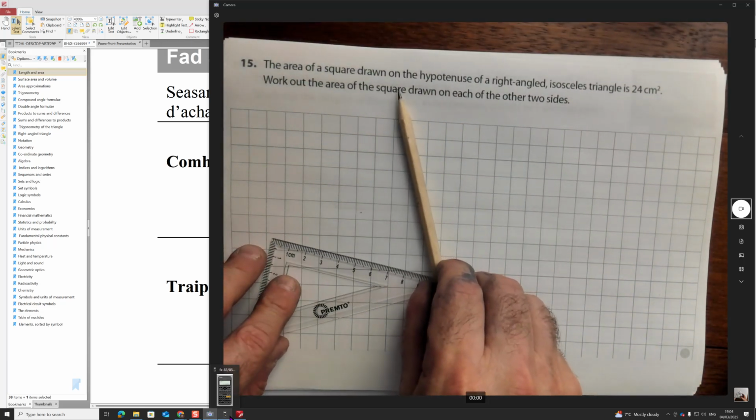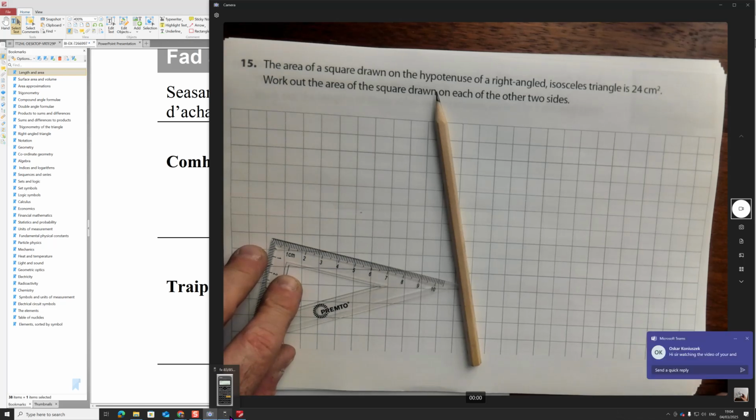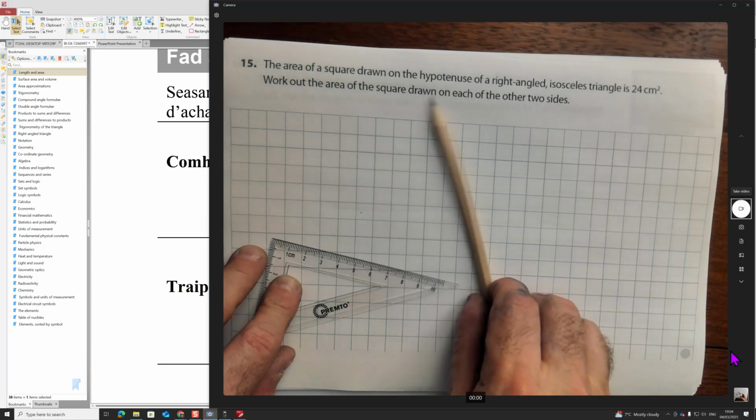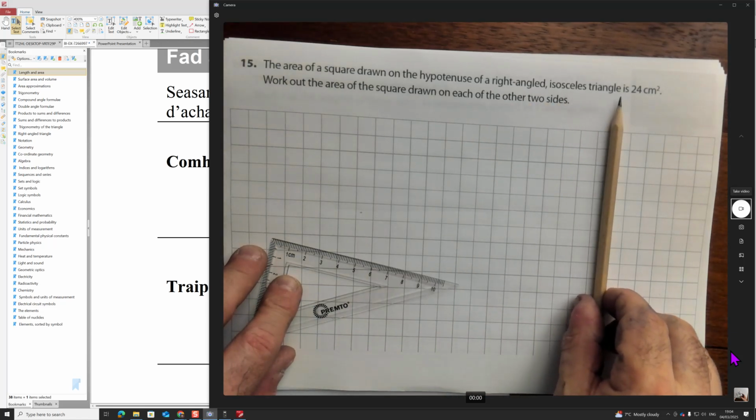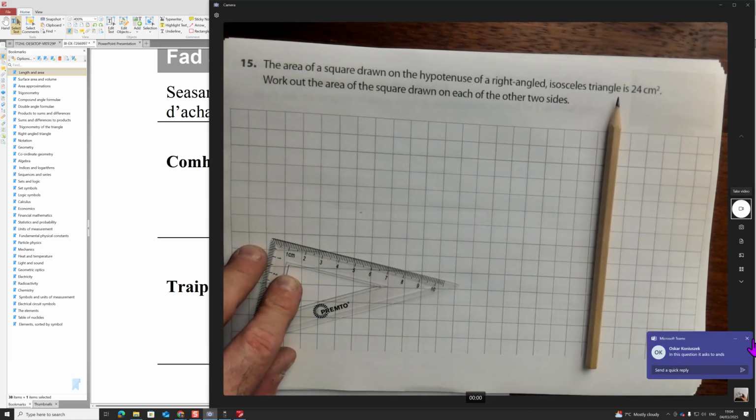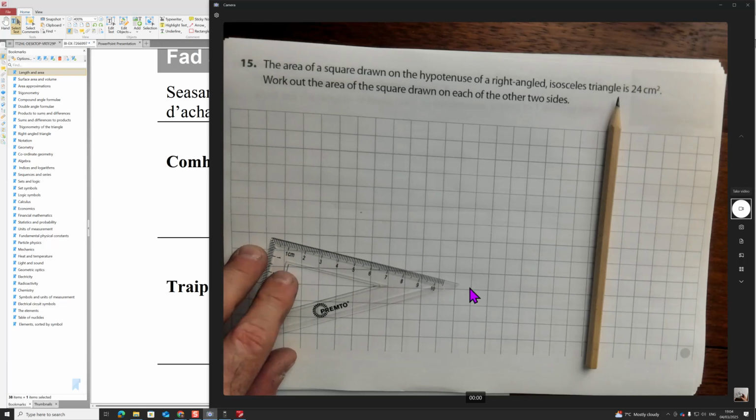The area of the square drawn off a right angled isosceles triangle. Hang on, I'll pause this.